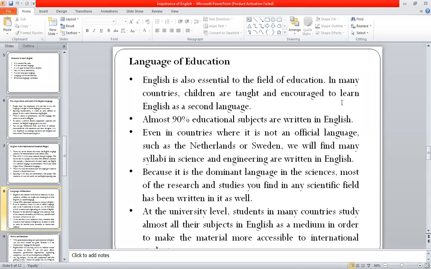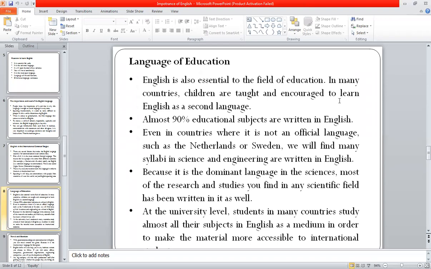Also, some of you might have studied all your education, that is primary, secondary and higher secondary education, in English as the medium of language.